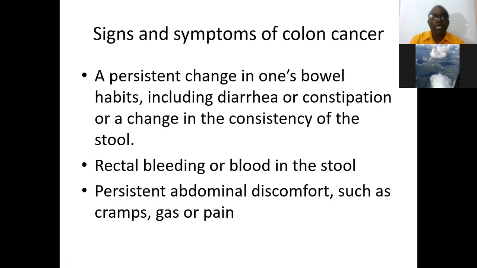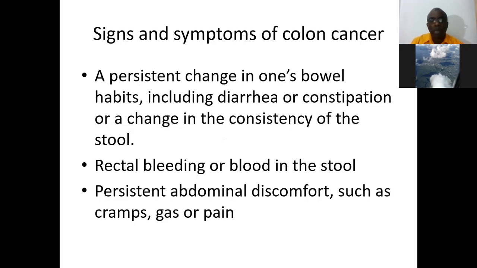All right, what are some of the signs and symptoms of colon cancer? You could have a persistent change in bowel habit, including diarrhea or constipation, or a change in the consistency of the stool. You may see blood in your stool, and sometimes when it occurs high up, the blood is digested and you don't see it.